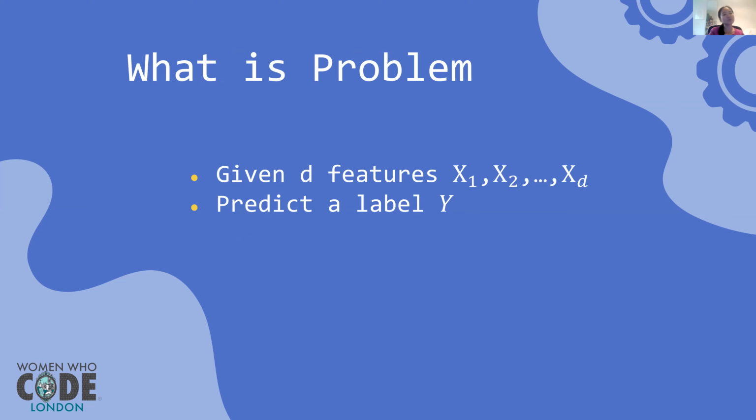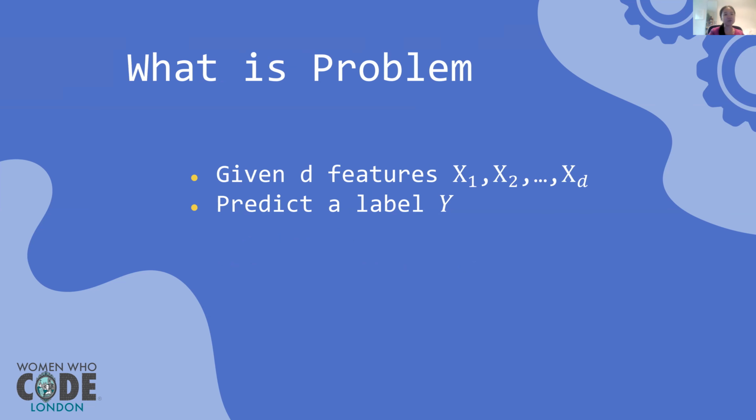In all these applications, we have a lot of features, and my feature is called X. Say I have the temperature, one feature, the moisture level, another feature, and the pollution level, another feature.